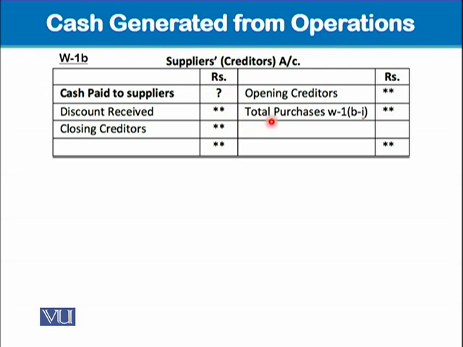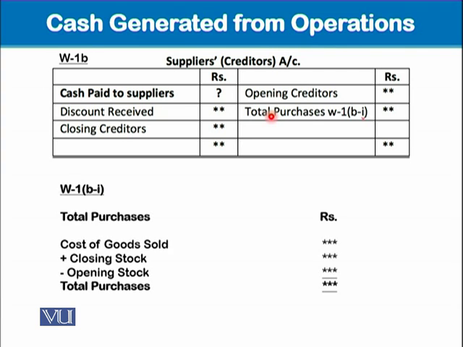But in this working, 1B, for calculating cash paid to suppliers, we need further working in order to calculate purchases. Total purchases would be calculated by adding closing inventory to the cost of goods sold and subtracting opening inventory from it.